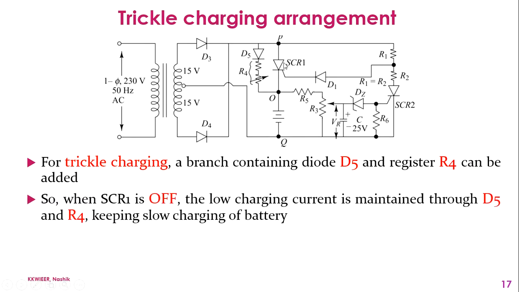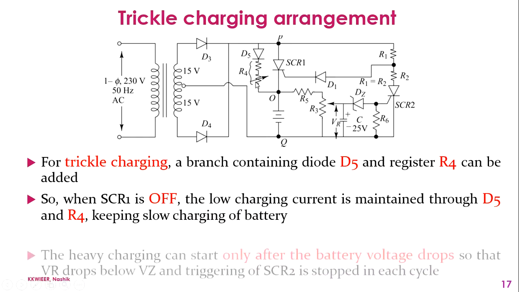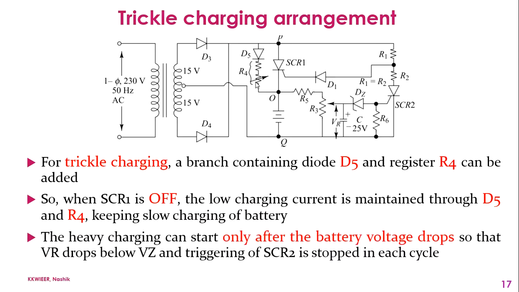When SCR1 is off, a low charging current is maintained through this D5 and R4 pair, keeping a slow charging of the battery. The heavy charging can start only after the battery voltage drops, so VR drops below the Zener diode voltage VZ, and the triggering of SCR2 is stopped in each cycle.